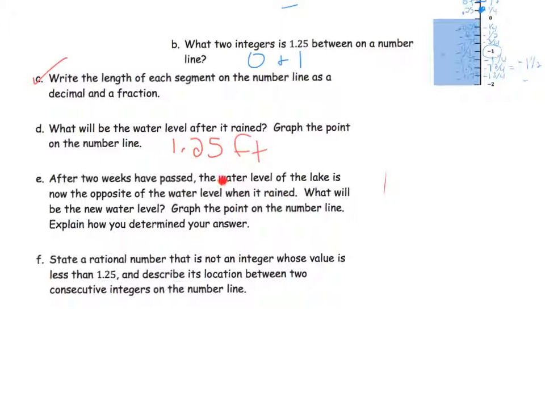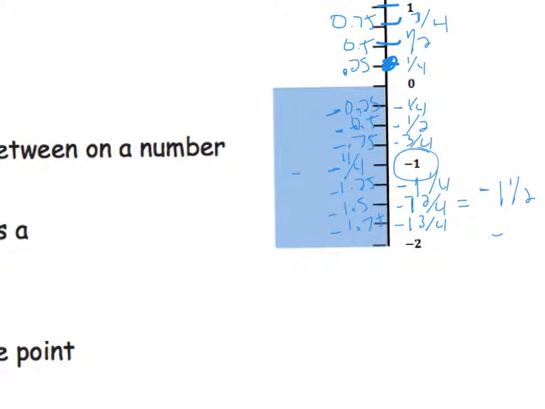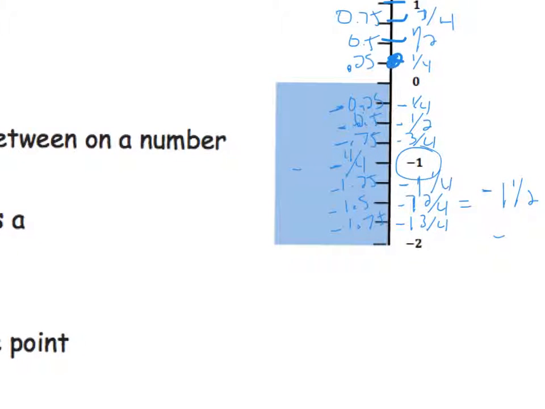Positives and negatives are opposites. So it would be a negative 1.25. And so I determine my answer because I know the opposite of positive is negative. And then I can go up to my graph and I can find that negative 1.25. So here's my -1, and it would be a quarter past that. So -1.25. It wouldn't be a quarter closer to 0. It would have to be further away from 0.